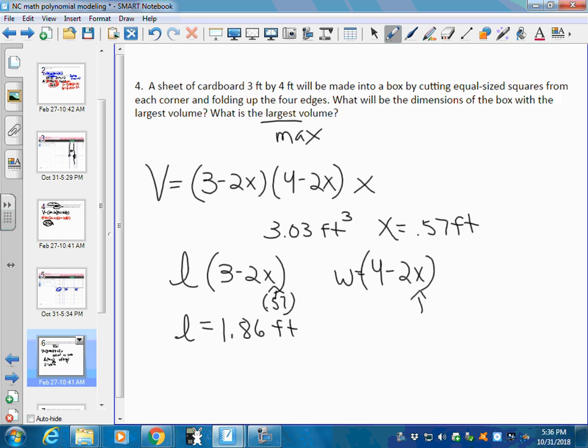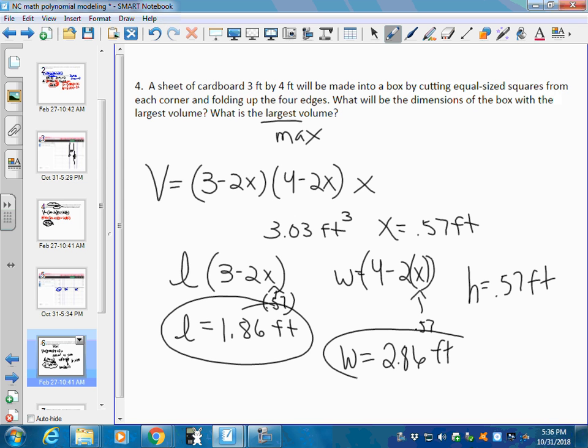So I'm going to multiply by 0.57 in there. And I get the width is 2.86. And our height was 0.57 feet. Okay, so length, width, height.